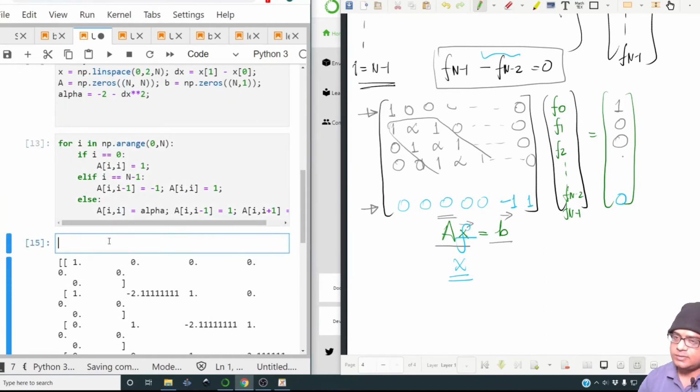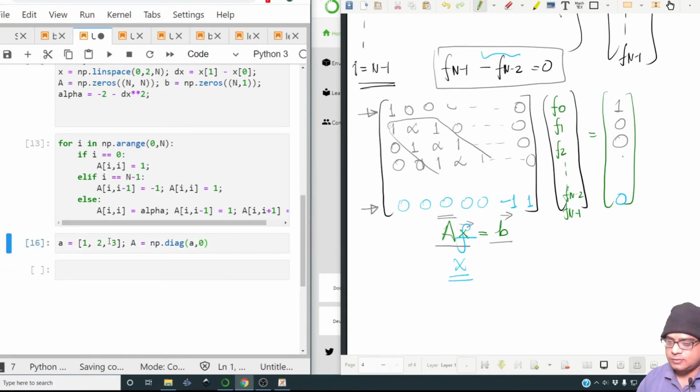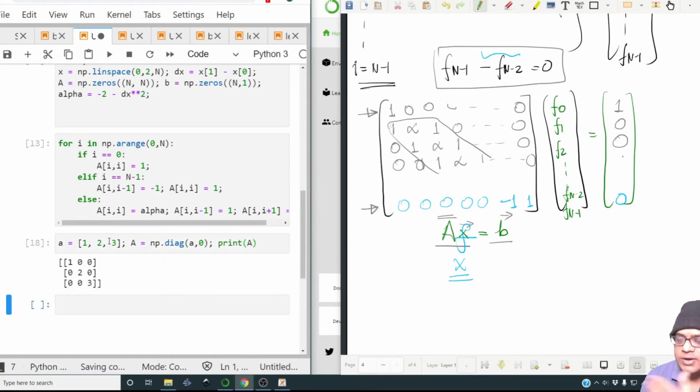Let small a be 1, 2, 3. Then a equal to np.diag(a, 0). Now let me show what a is. It will take a vector and push all the vector elements to the diagonal elements.